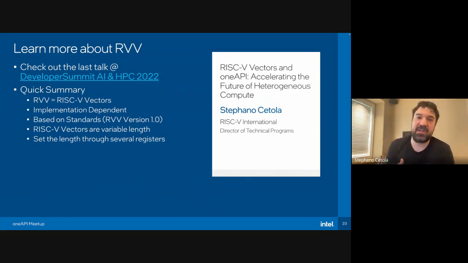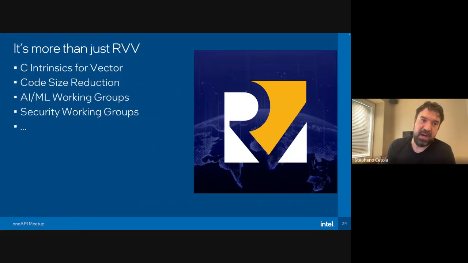I see that as one avenue where this combination of an open hardware standard with an open interface standard could be very beneficial. But there's more than just vector. There's work going on with the vector intrinsics, there's code size reduction work, and then specific working groups for AI, ML, and security. When you look at the oneAPI stack and you add RISC-V to it, there's a lot of value that can be gained there.